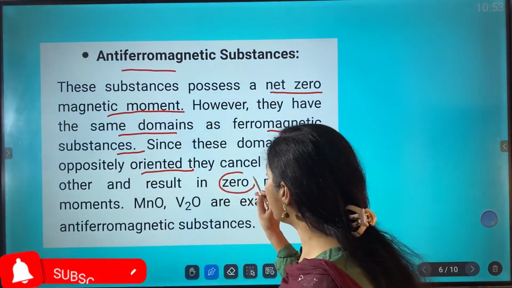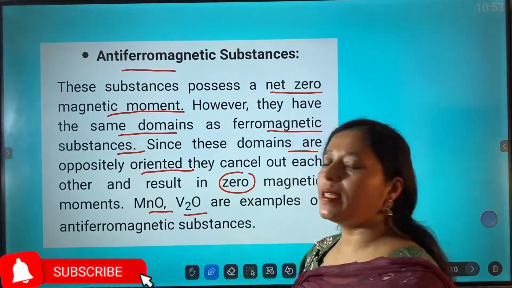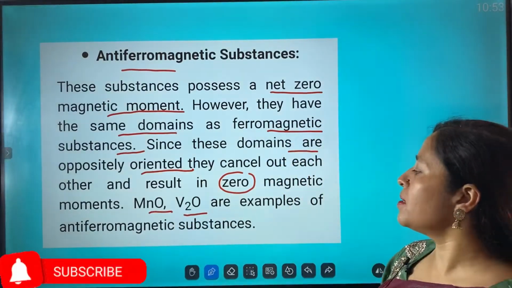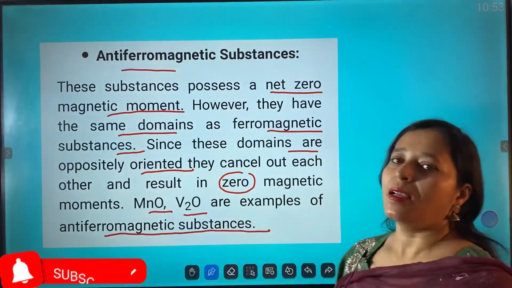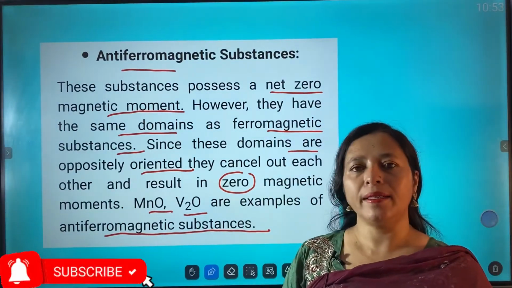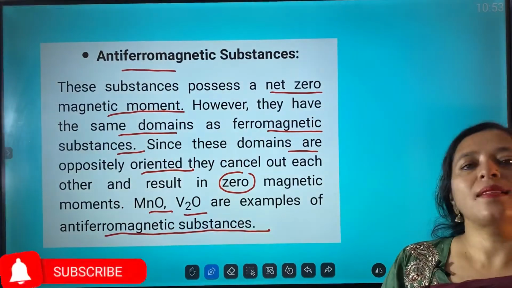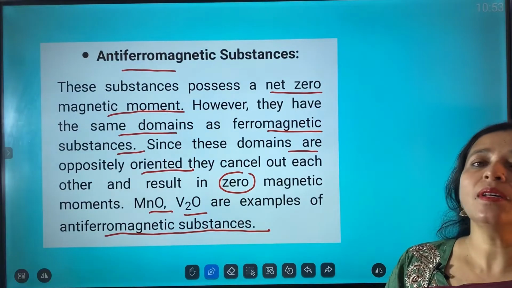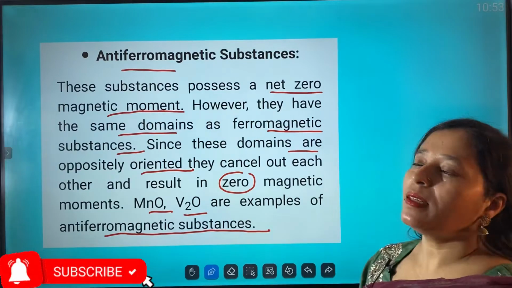Examples are manganese oxide and vanadium oxide. The point to understand is that in ferromagnetic substances the domains are aligned in the same direction and have strong magnetic behavior, but in antiferromagnetic substances the magnetic moment is zero.